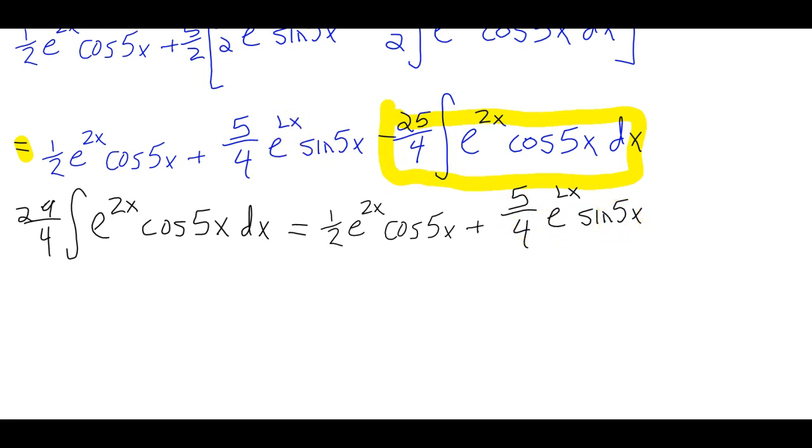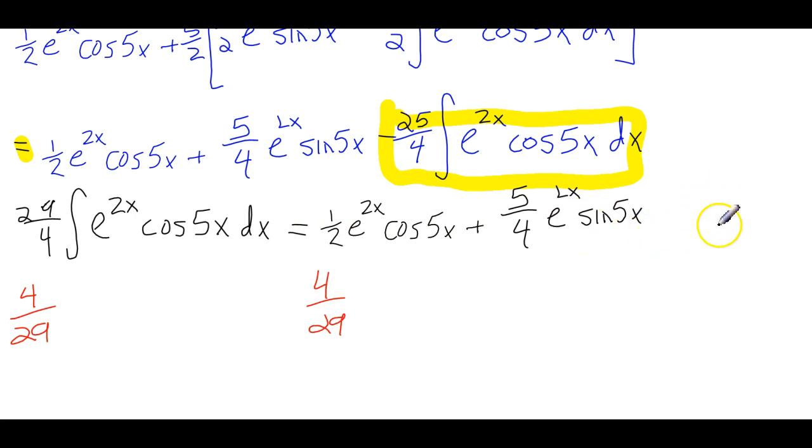And then what's the last thing I need to do? I need to multiply both sides of this equation by 4/29 on this side and times 4/29 on this side. And when I do that, I can distribute this through, or I can just hold it out front, put the parentheses around it.